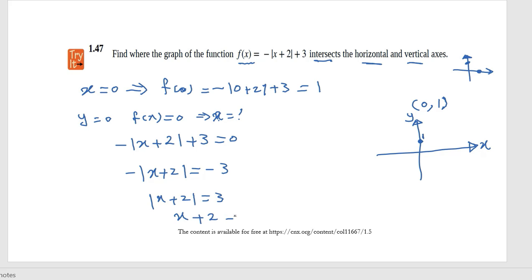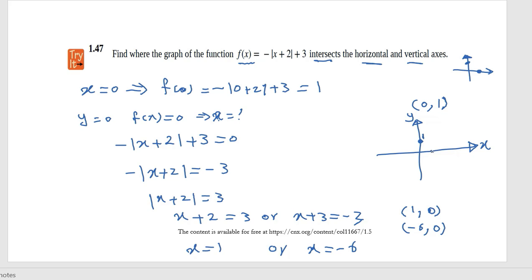So x plus 2 is equal to 3, or x plus 2 is equal to negative 3. In this case, x is equal to 1, or x is equal to negative 6. So 2 points. One is (1, 0). Another point is (-6, 0).